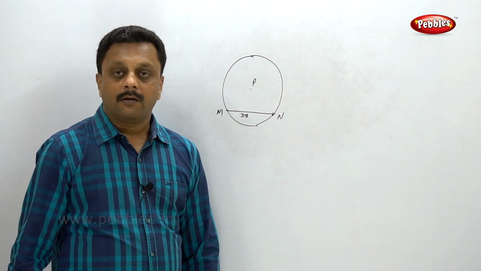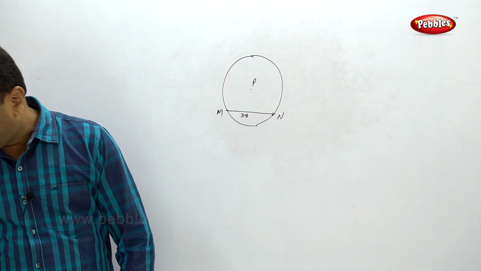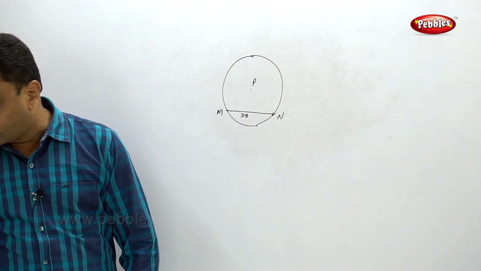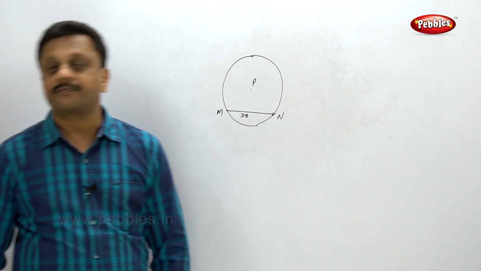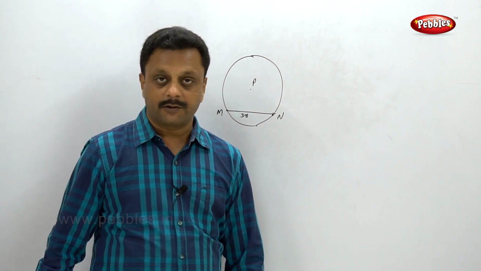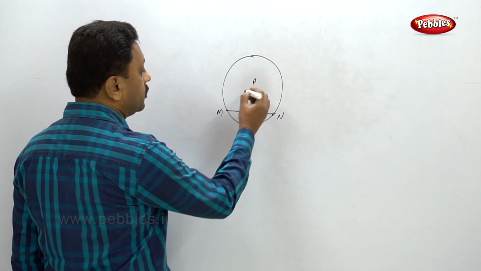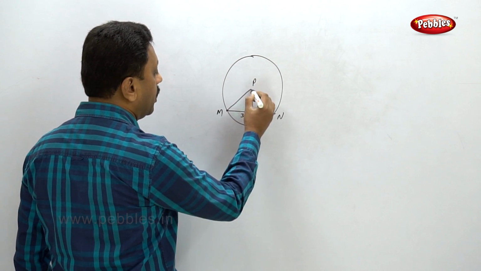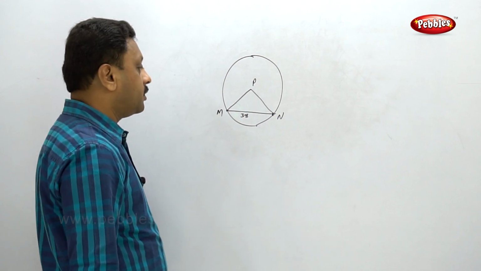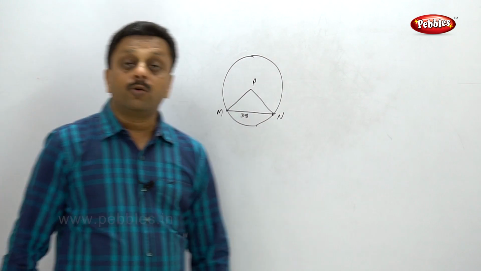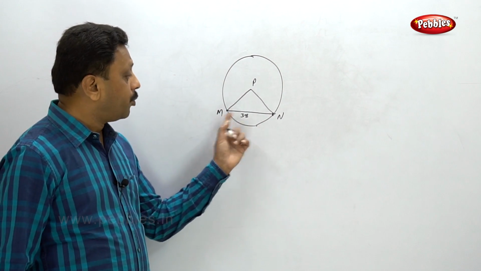Then draw tangents to the circle through points M and N. How will you draw this? Radius is given. How will you draw the tangents to the circle through points M and N?